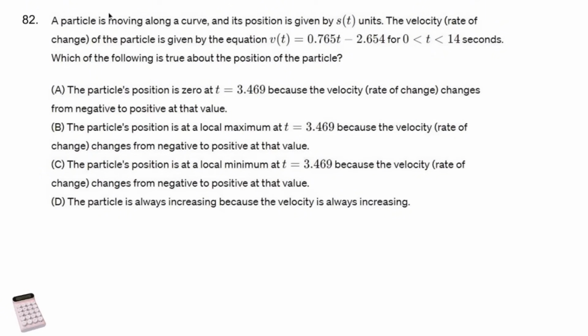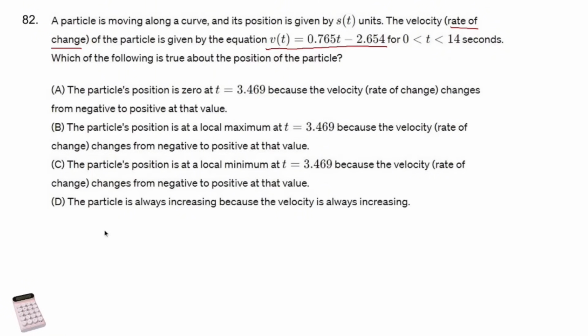This is a problem that I made and I was inspired by calculus. They love to give you the particle velocity type questions. And this is what the question is asking. It's giving you the velocity function, right? Now, the velocity of a particle is also its rate of change, also its slope.